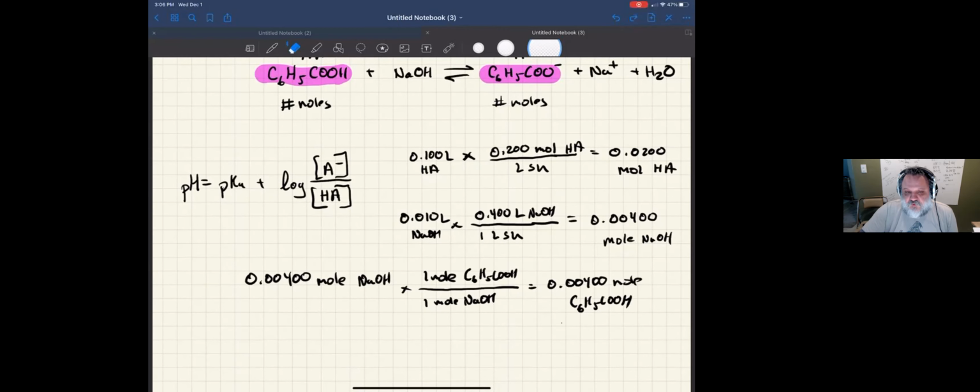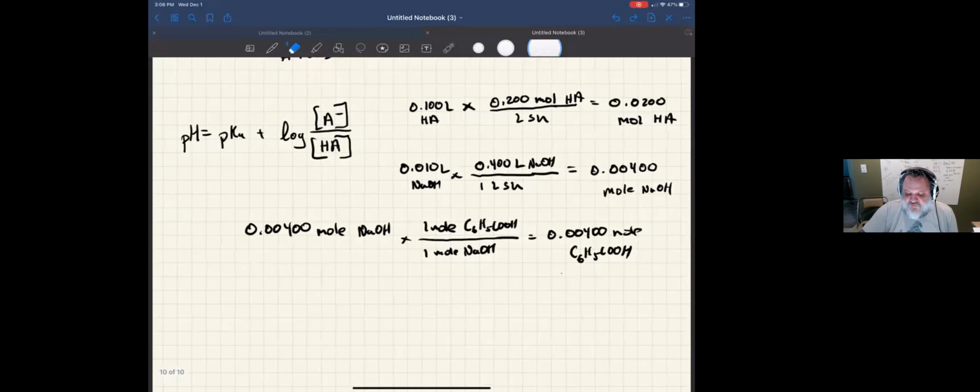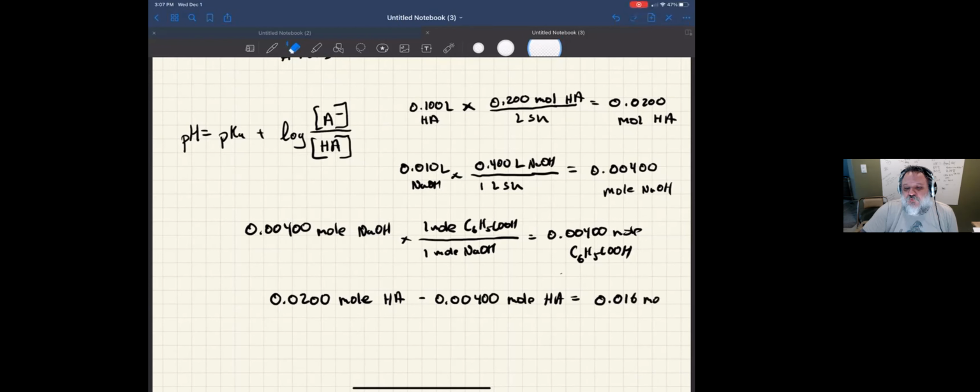It's gone now. Okay, well, what do I do with that? Well, if I started out with 0.02 moles of benzoic acid and I got rid of 0.004, that means that I have 0.016 moles of benzoic acid left.